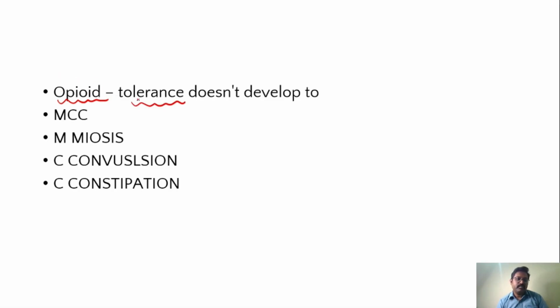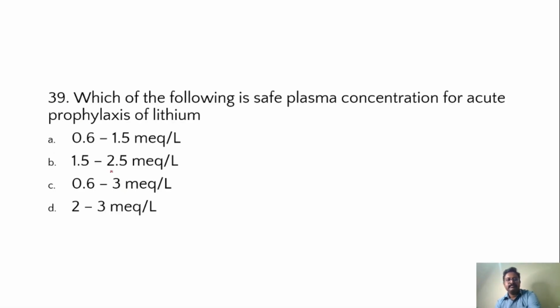So please remember, opioid will develop tolerance to all except for MCC. That is, M stands for meiosis, C stands for convulsion, C stands for constipation. So opioid can develop tolerance to all other manifestations except for the MCC, that is meiosis, convulsion and the constipation.